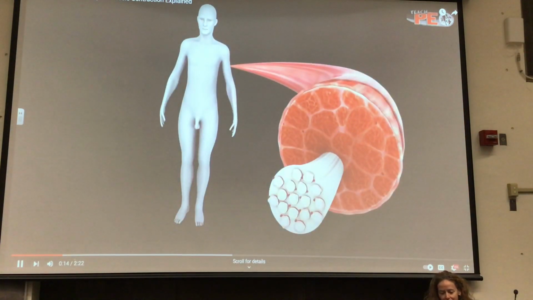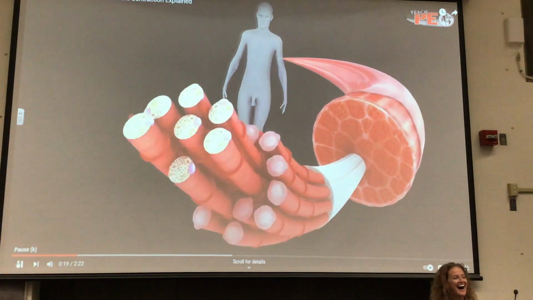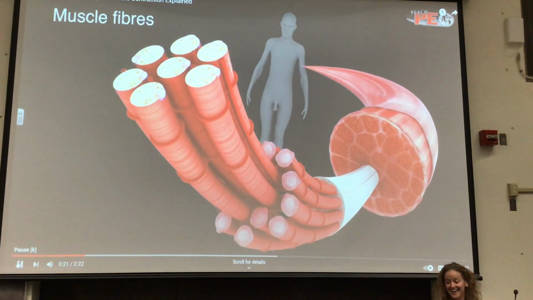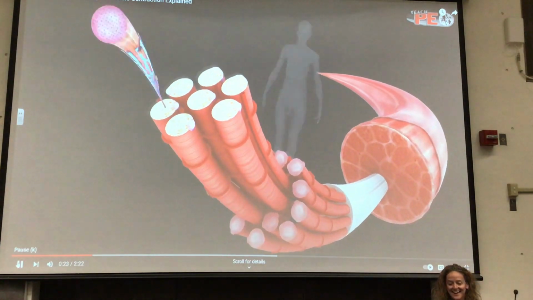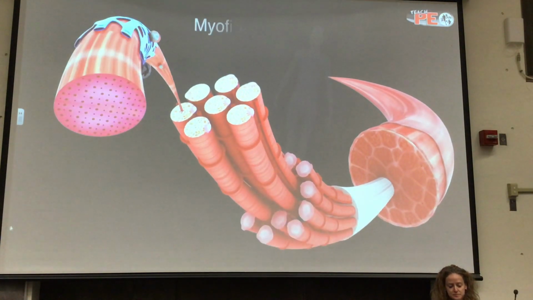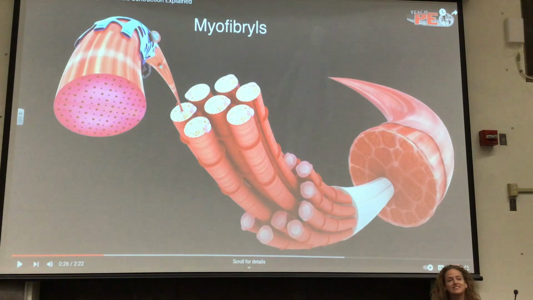Each muscle is made up of a number of bundles of muscle fibers. Each bundle of muscle fibers contains anywhere from 10 to 100 individual fibers. Each muscle fiber itself contains cylindrical organelles known as myofibrils, which themselves are bundles of proteins called actin and myosin. What is that blue thing? The sleeve that covers the myofibril and stores calcium.